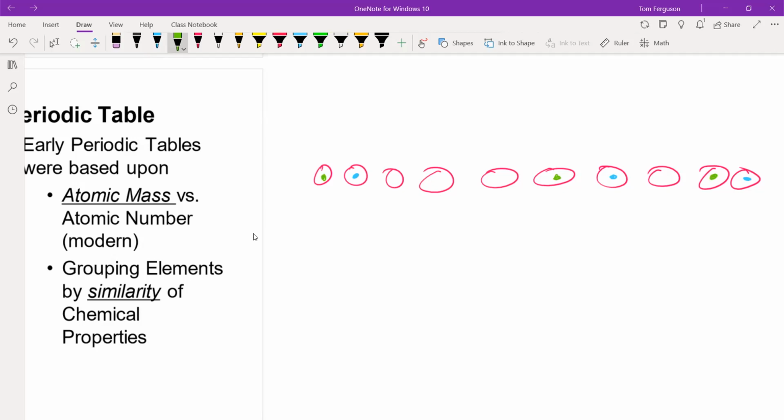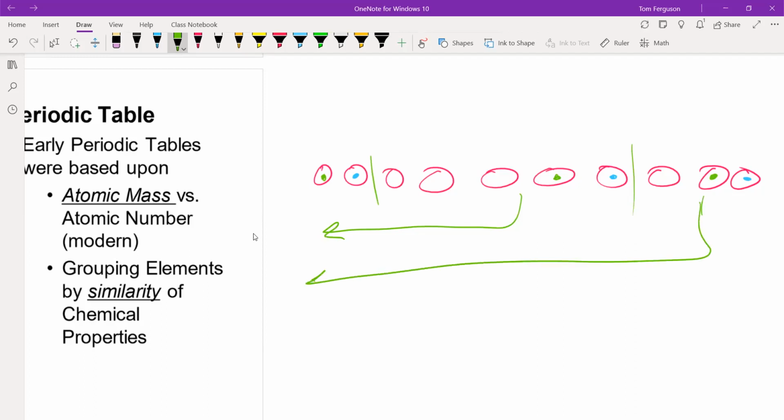So what he did, instead of a one-dimensional listing of all the elements at the time, he chopped it off where the similarities existed. So cut it there and took this piece and brought it there. Took this piece, brought it there. We ended up with a two-dimensional version of his listing of all the elements.